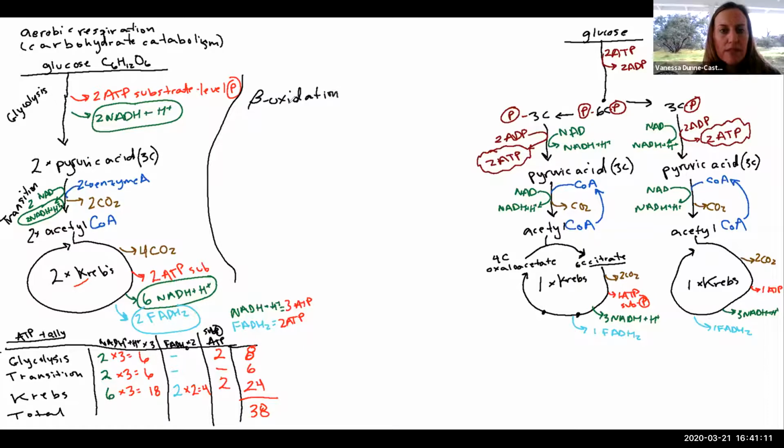Beta oxidation is the process where a fatty acid compound, and I'm going to draw a 6-carbon one like we have in our example, 1, 2, 3, 4, 5, 6, where 2 of the 6 carbons, or 2 carbons of a fatty acid molecule, are donated to a coenzyme to form acetyl coenzyme A.